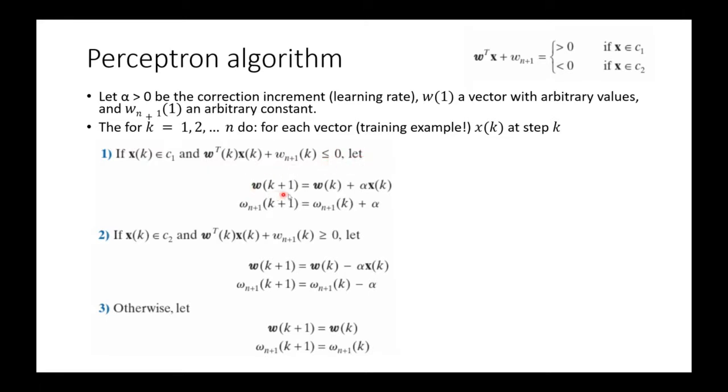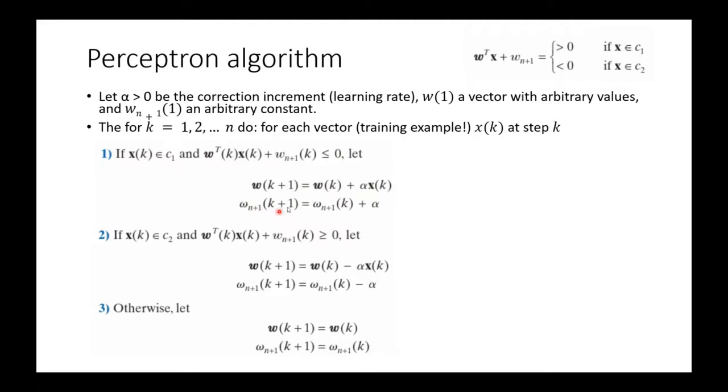So what I do is correct the weight value. For the next iteration, the weight value would be the old weight value plus the learning rate times this observation. And the same thing for the bias term.